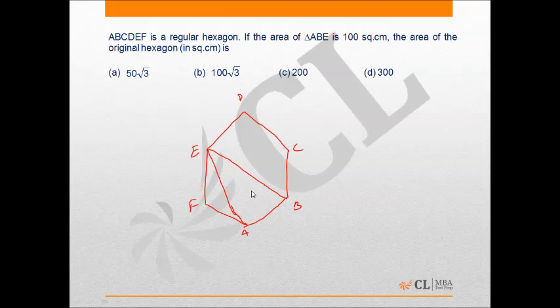So if we look at the figure, it can easily be said that the area of the hexagon will have to be more than 200 square centimeter, as the area of ABE is 100, which is obviously less than half of the total area of the hexagon.